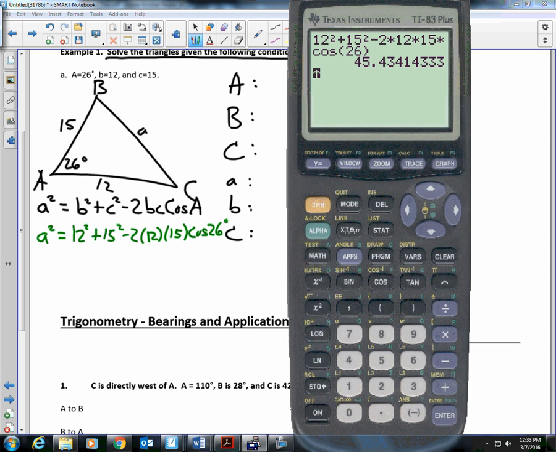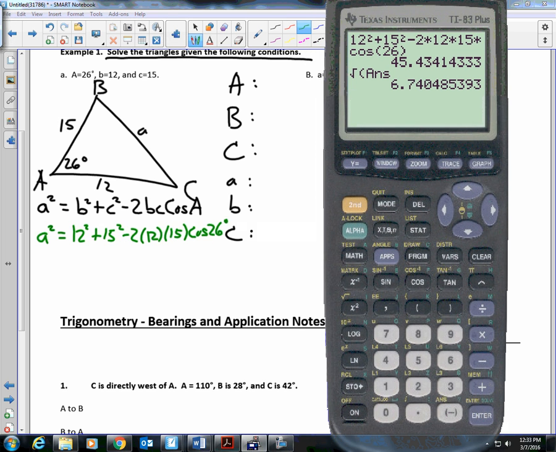Square root. 6.74. Second, and then there's that negative key, and you see that in yellow it says ANS. So I've got A is 6.74. You know that B is 12. You know that C is 15. And we know that angle A is 26 degrees.